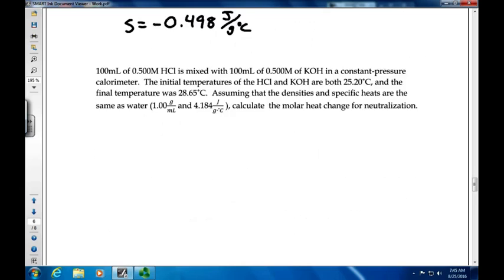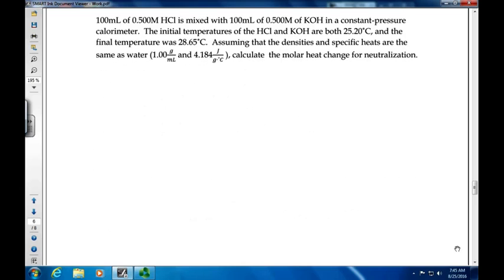One more problem. This one states 100 milliliters of 0.5 molar hydrochloric acid is mixed with 100 milliliters of 0.5 molar potassium hydroxide in a constant pressure calorimeter.